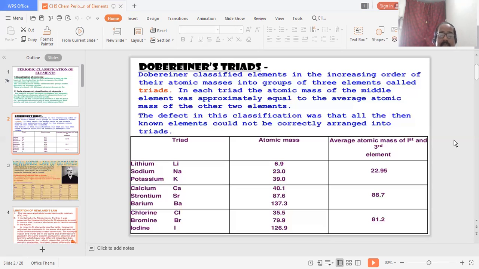So this is the defect of Dobereiner's triads. Dobereiner is the first person who classified the elements according to this type of principle: elements can be arranged according to their atomic masses.